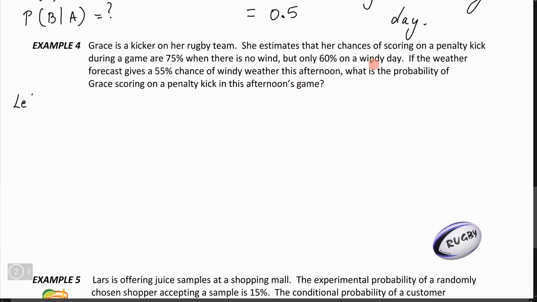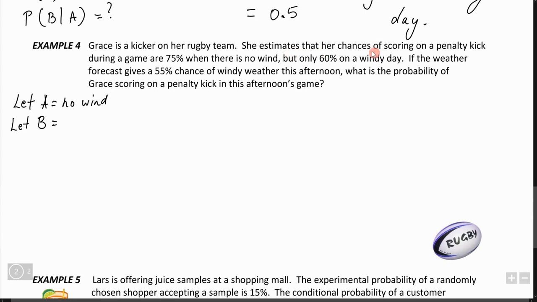So let's say A is when we have no wind at all. So on a windy day, okay, we have to really be careful here.